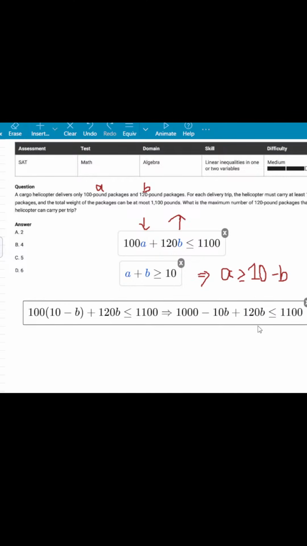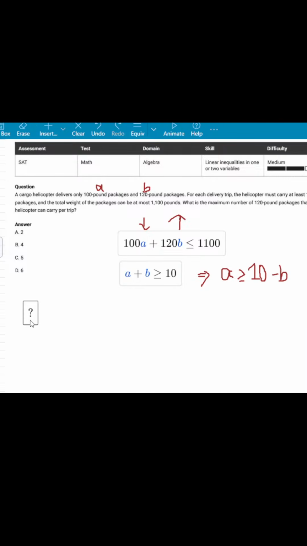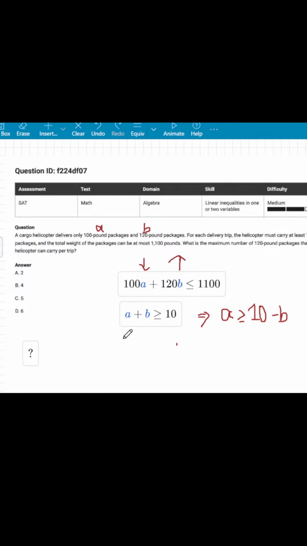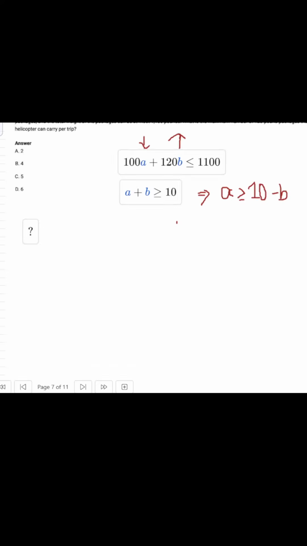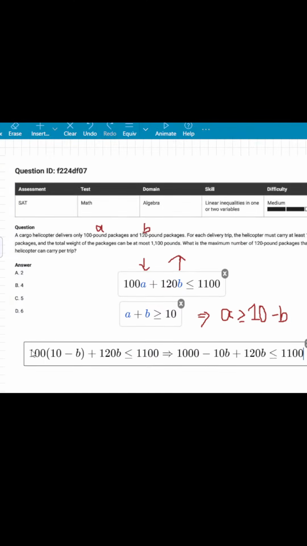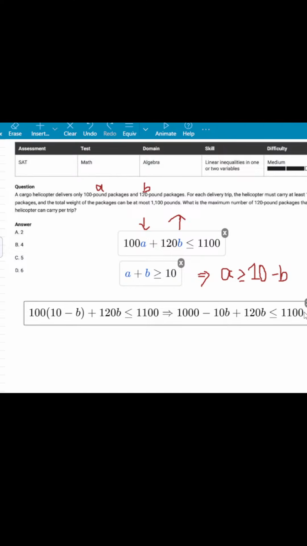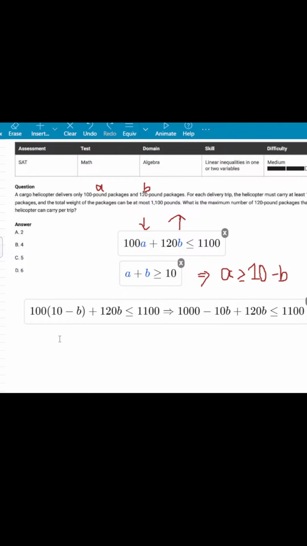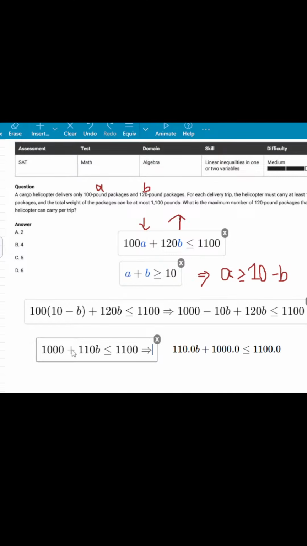So let me write it here. 1000 minus 1, sorry, plus 110b less than or equal to 1100, which is then, sorry, this will be 100b.